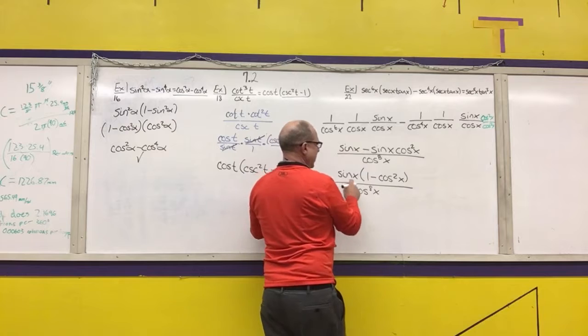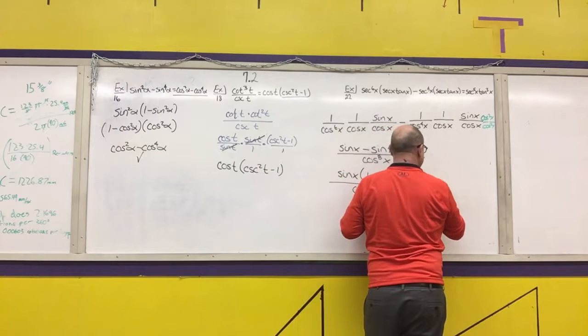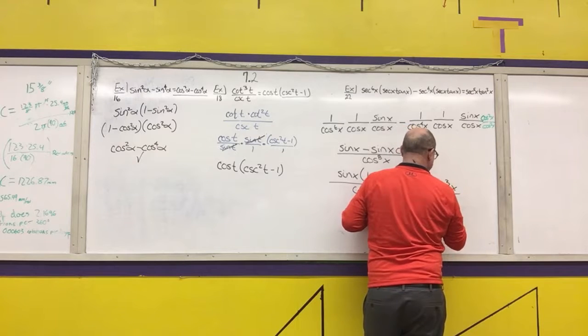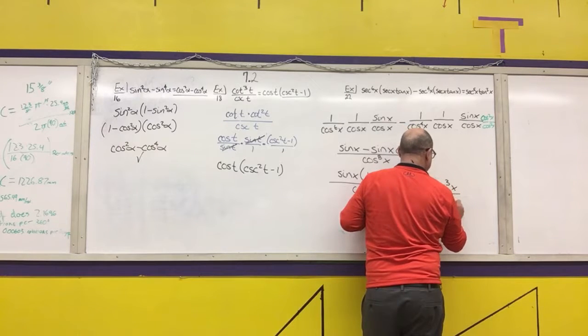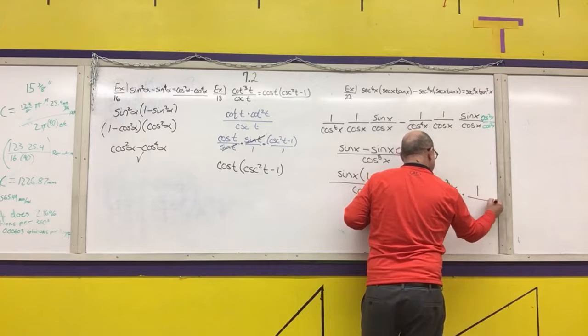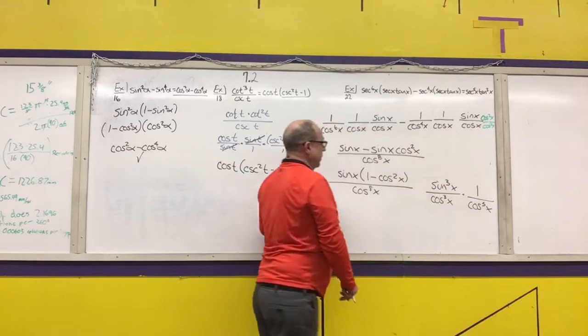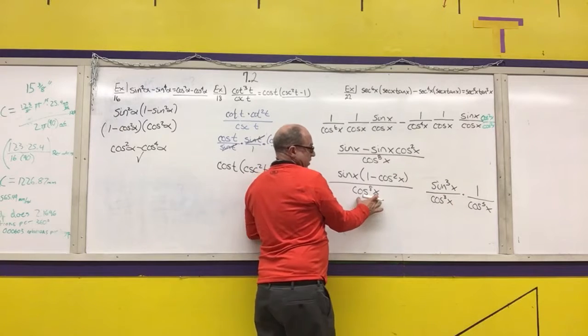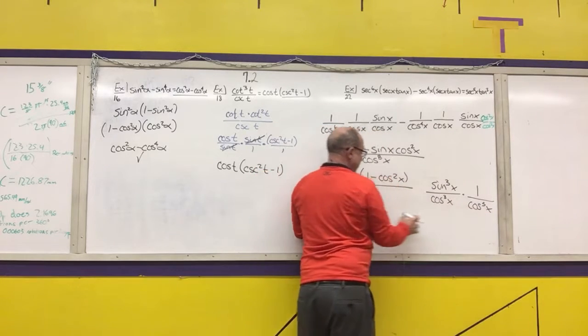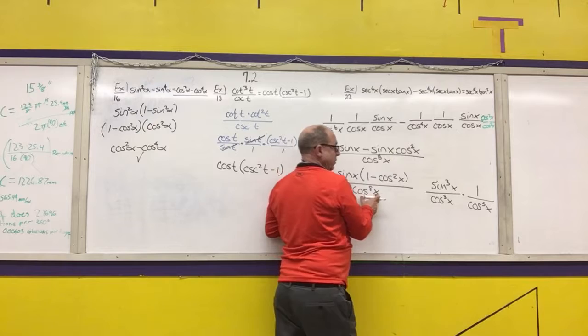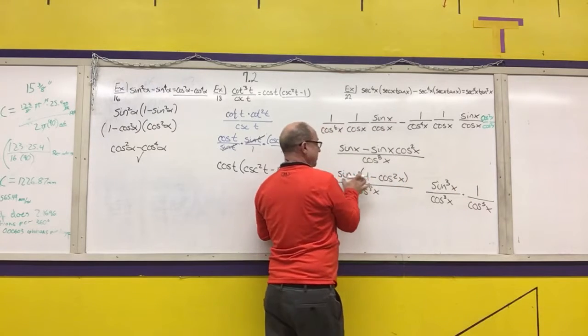Sine squared times sine is sine cubed. So I'm going to write this as sine cubed of x over cosine cubed of x times 1 over cosine to the 5th of x. Please note the denominator, cosine cubed times cosine to the 5th, in fact, cosine to the 8th, times sine cubed is sine cubed.